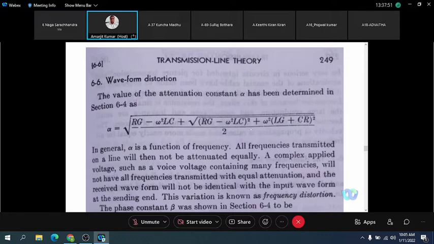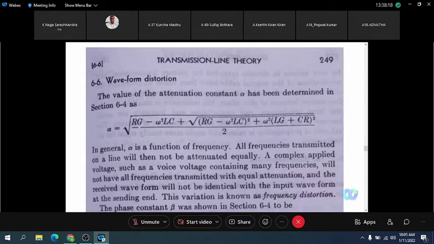Suppose we are sending some signal on a transmission line. That signal has many frequency components. So on the receiver side, or at the output side, how will the received signal be? Because alpha is a function of frequency, how are alpha and frequency related? How are beta and frequency related?